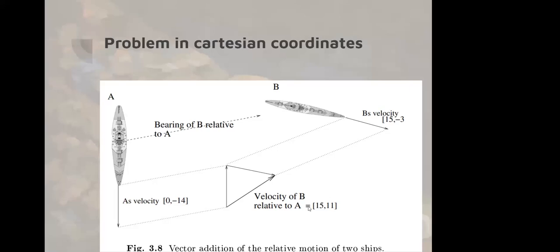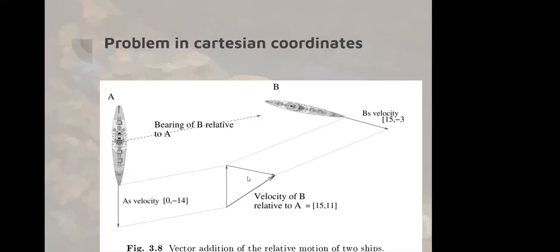You need to form the vector sum of those. The velocity of B relative to A is 15 and 11. So 15 in the x direction, with respect to the frame of reference of this ship, and 11 southwards.